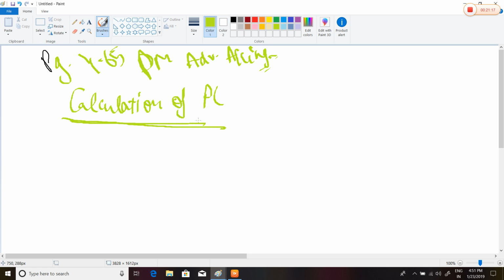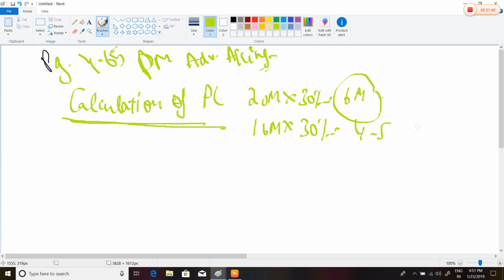Like if the question is of 20 marks, 30% is 6 marks, which would be the marks for purchase consideration. And if the question comes for 16 marks, then 30% rounded off is 4 to 5 marks.